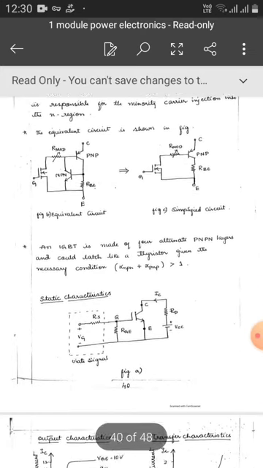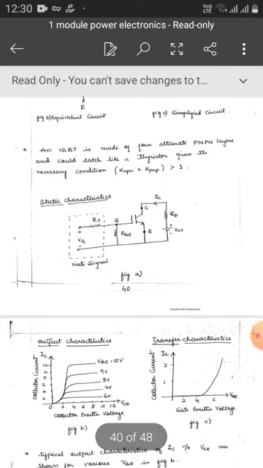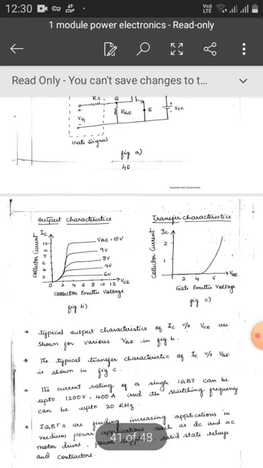Static characteristic: this is the output characteristic and transfer characteristic, the VI characteristic of an N channel IGBT.